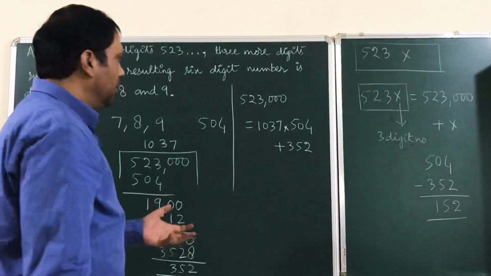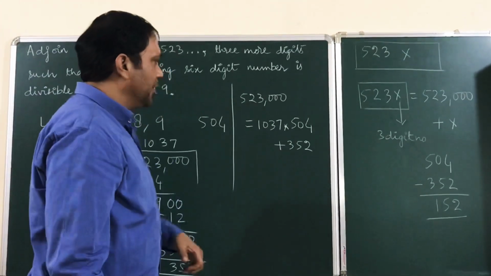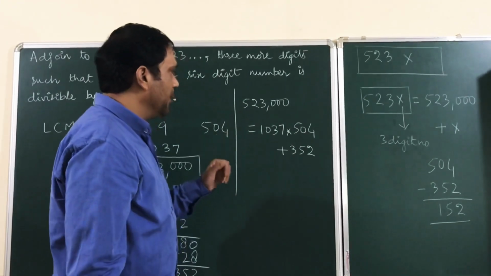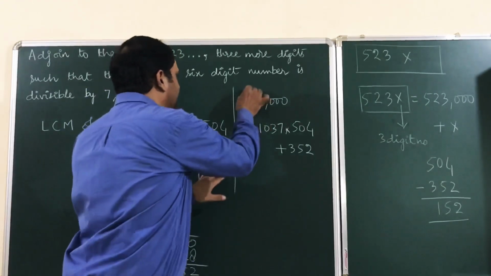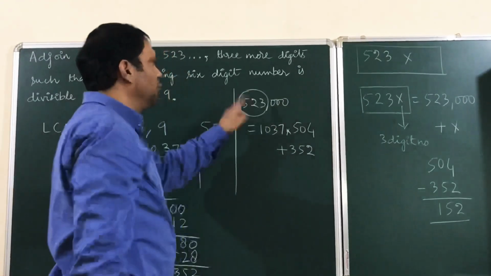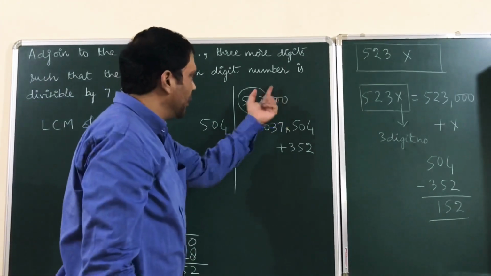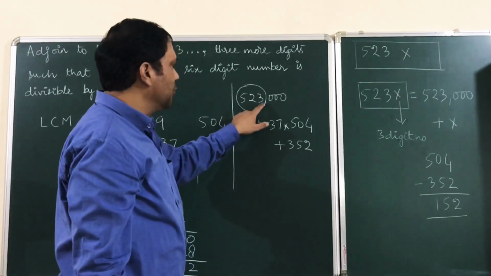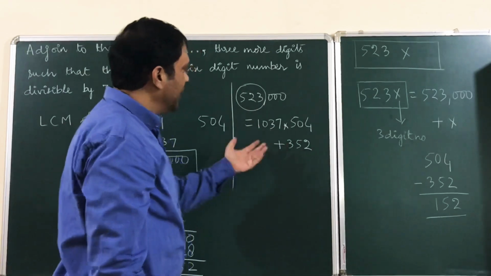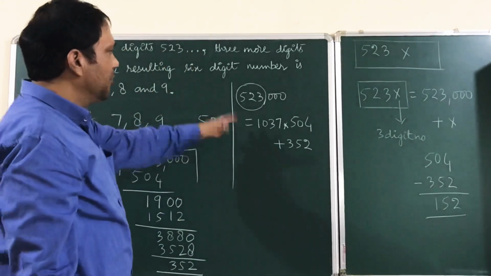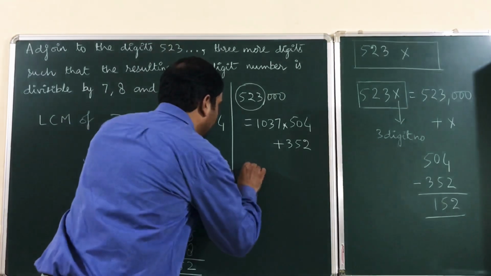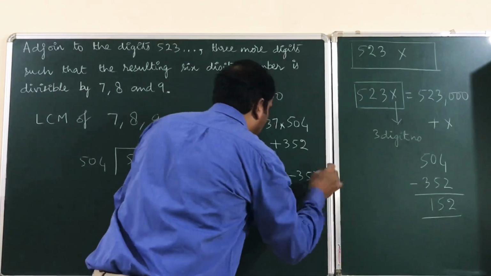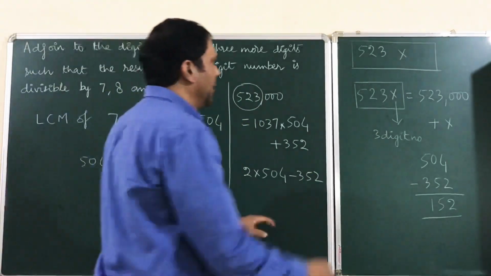Now if I take out the 352, again the number will become divisible by 504. But in that case, the structure of 523 will change. We don't want to change that 523. So it's better that we see 1008 minus 352, and if I get a 3-digit number, that will automatically fit here.